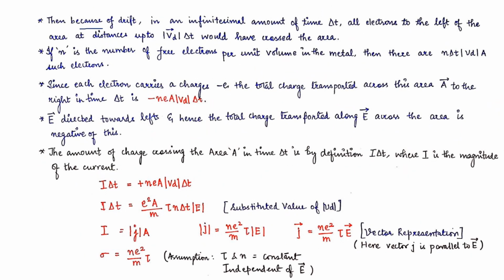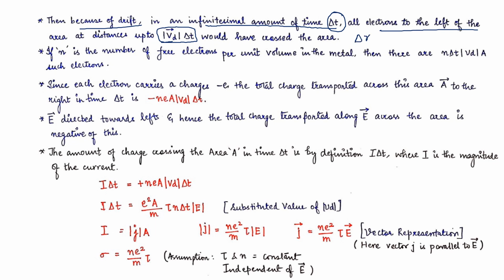Now, because of the drift, in an infinitesimally small amount of time del t, all electrons to the left of the area up to this distance would be crossing the area.